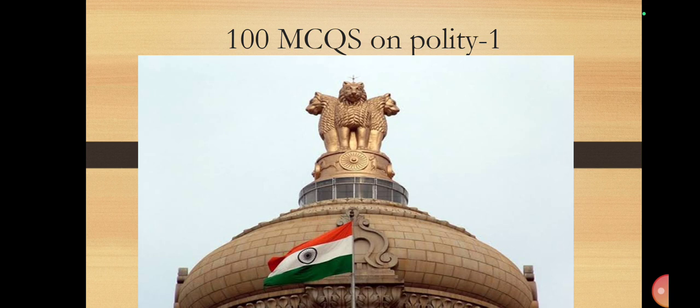Question number 92. Match list 1 with list 2, select the correct answer. List 1, parliamentary device. List 2, substance. First one, cut motion: to move a proposal to reduce expenditure in the budget proposals.